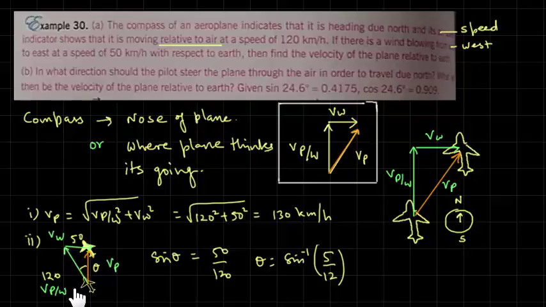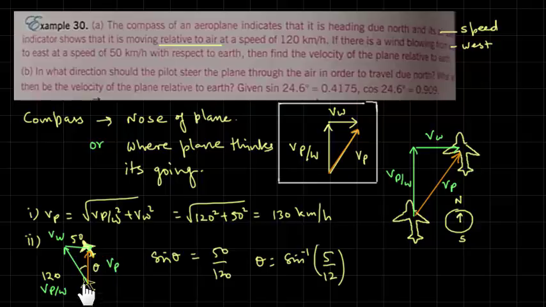Its velocity relative to the wind should be here, and then adding to that there will be the velocity of the wind. So eventually it will move like this. Even though its nose is pointed in this way, with respect to the winds it's going here, but eventually when the wind speed is added to its velocity, its eventual velocity is in the north direction.